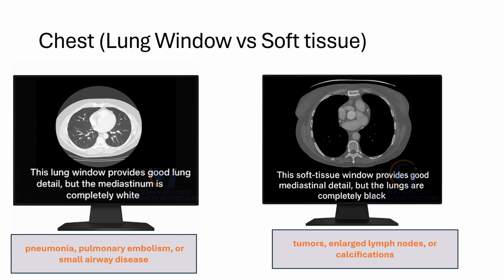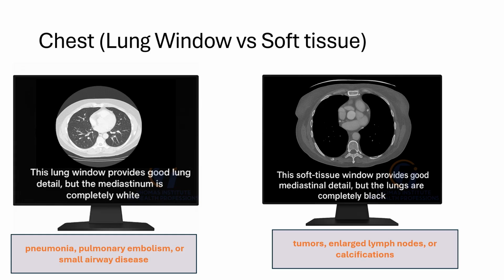This window allows for better assessment of organ size, structure, and any abnormalities such as tumors, enlarged lymph nodes, or calcifications. By moving between these two windows, the radiologist is able to build a complete picture of the chest, ensuring that nothing important is overlooked.